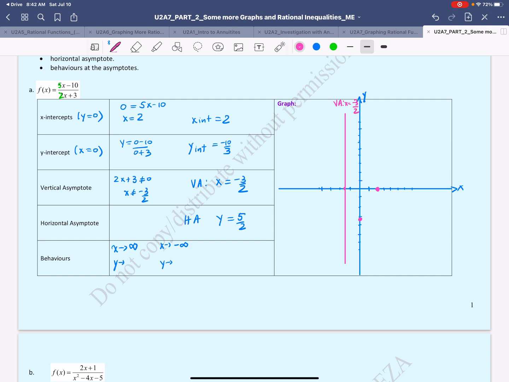We have a horizontal asymptote at 5 over 2, which is 2.5. And again, I will label the horizontal asymptote as well by its equation. Let me bring it right at 2.5. So this would be 1, 2, 3, just to get an idea where we're going here.